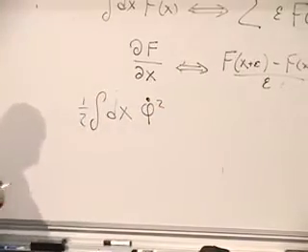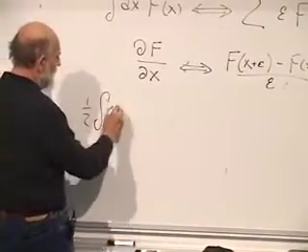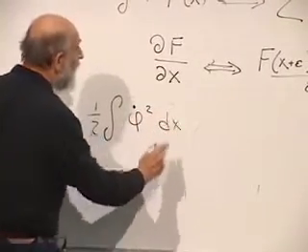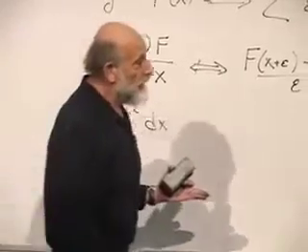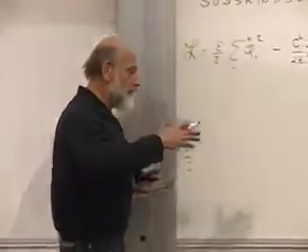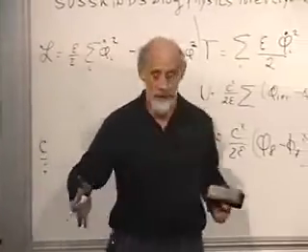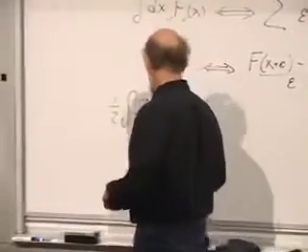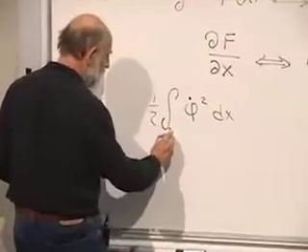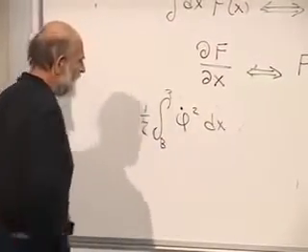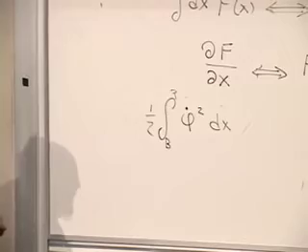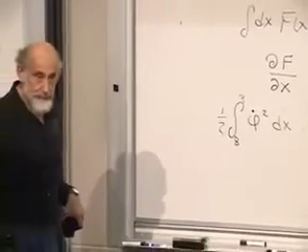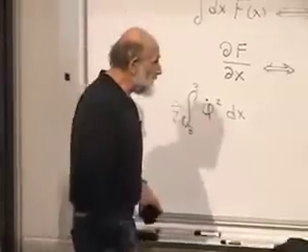That was easy and painless. Let me write it, phi dot squared times dx, integrated from where to where? Well, integrated from the bridge to the peg, so to speak. Integrated over the range of x. This is the Lagrangian, but so far this is just the kinetic term in the Lagrangian.